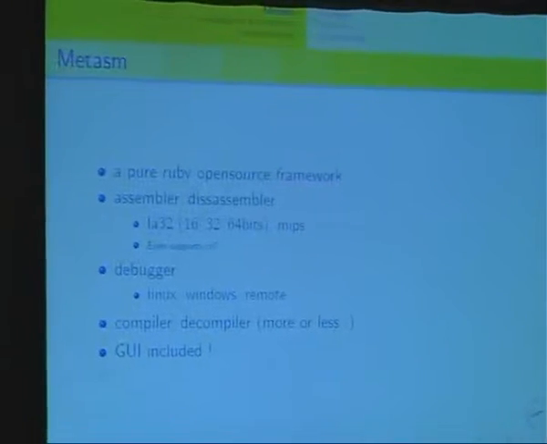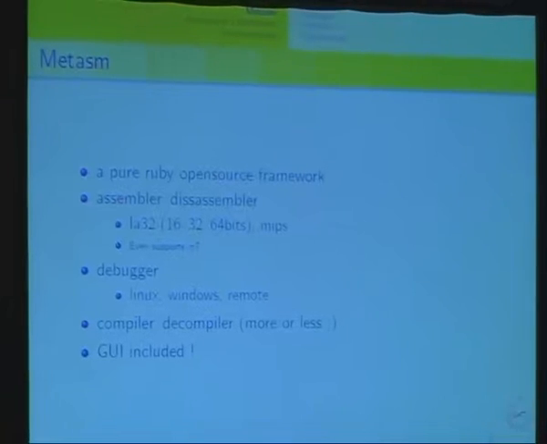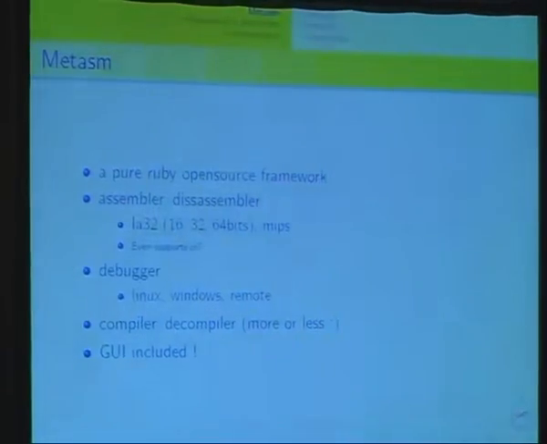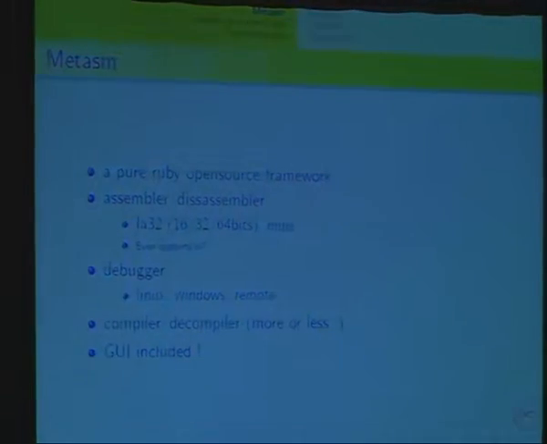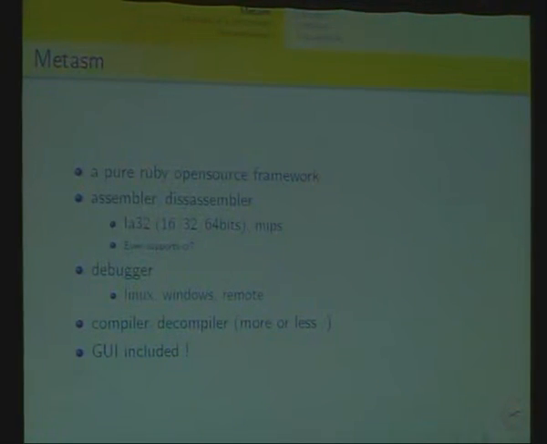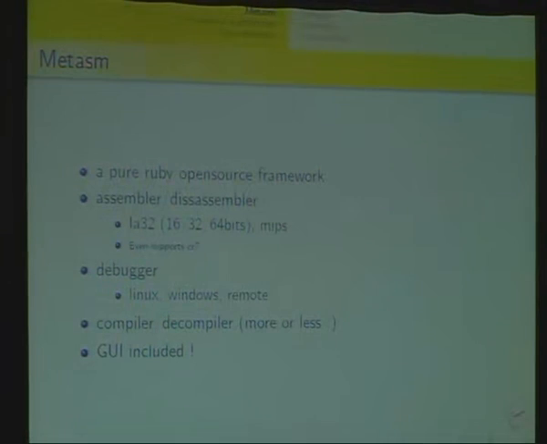But the design of the framework is so that you can fairly easily add new architectures. So the feature set is quite complete on IA32. It can handle all the standard modes, the new 64 bits and stuff like that.